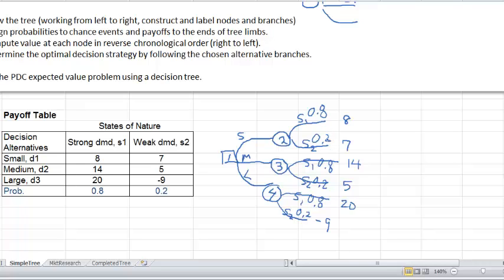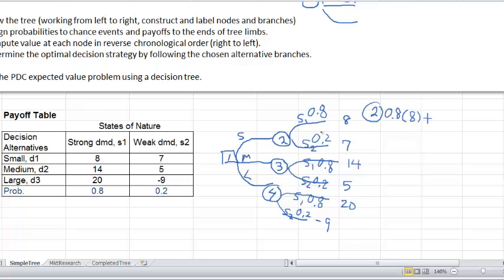So the best we can do is find the expected value using the given probabilities. We already did the expected value calculation before, so you know what to do. At node 2, the calculation is you go to each branch and multiply the probability by the payoff, and then sum all the results.